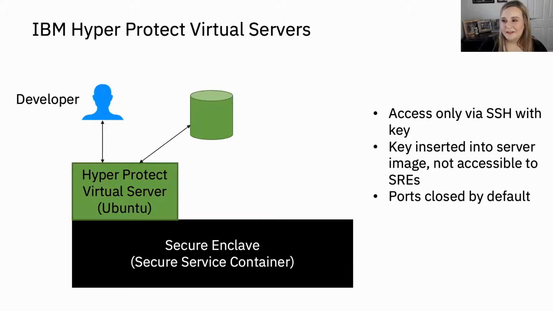And then getting into the fun part, Hyper Protect Virtual Servers. I love these just because there's so much you can do with them. When you go to the IBM Cloud and you request a virtual server, you configure it with your key so that you can SSH into this virtual server. The key is going to be inserted into the server image, but it's not accessible by the site reliability engineer.